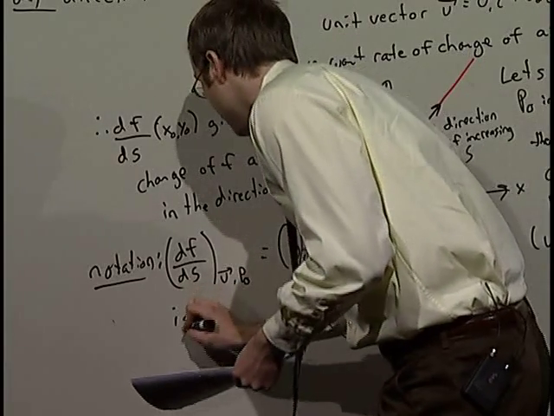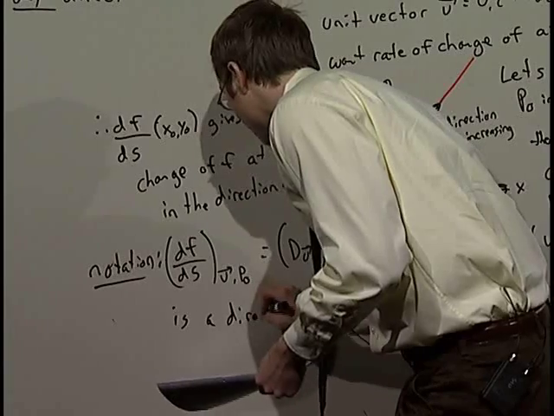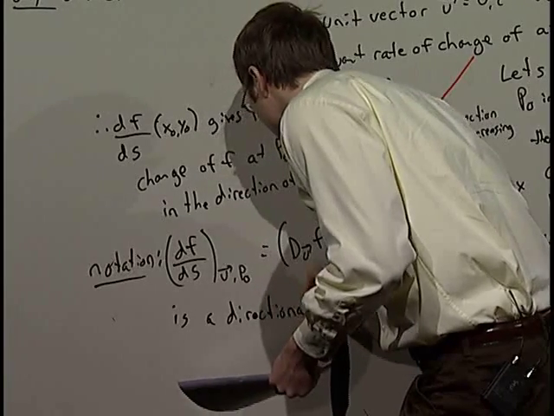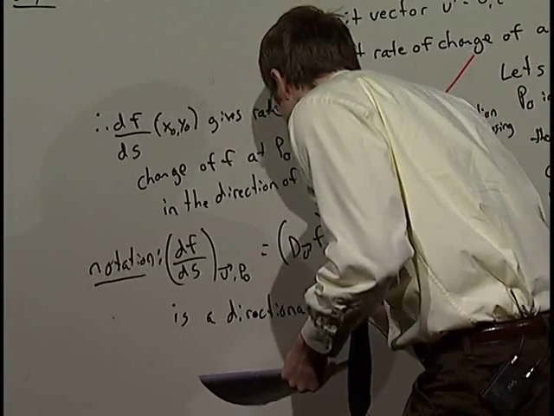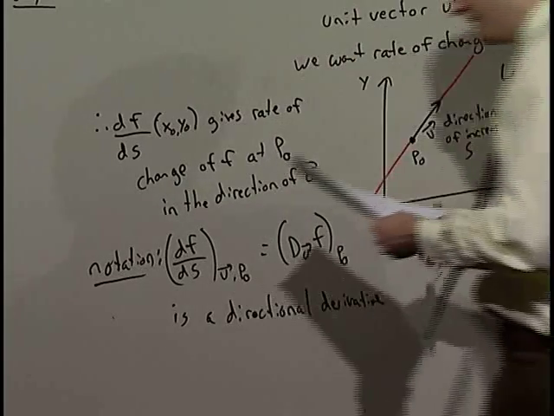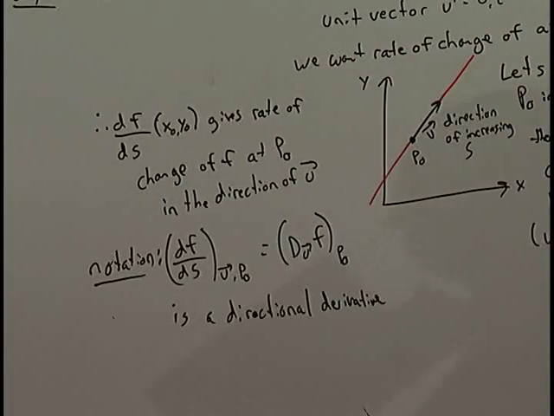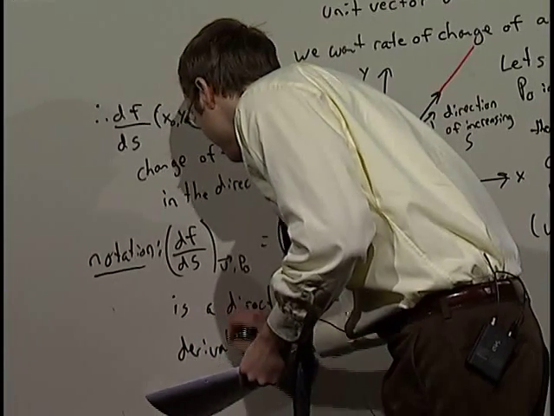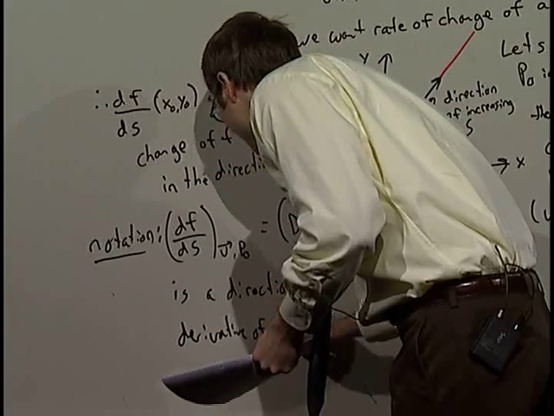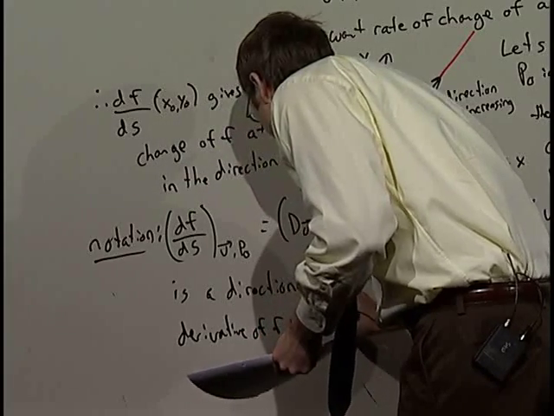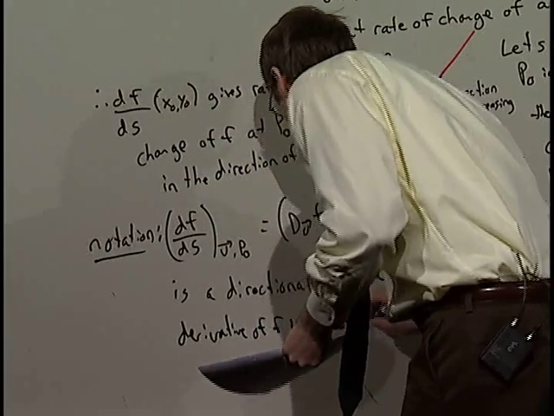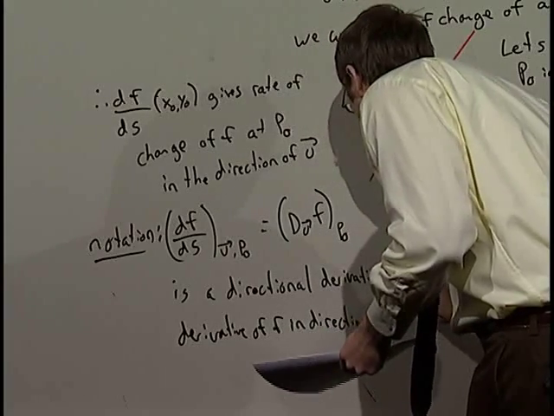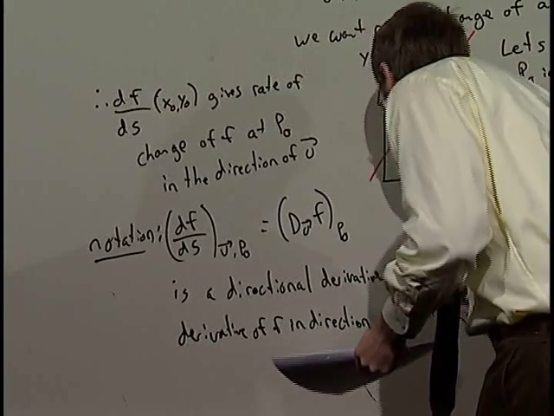And this is what we call a directional derivative. Okay? And it is the derivative of f in the direction of u at p naught.